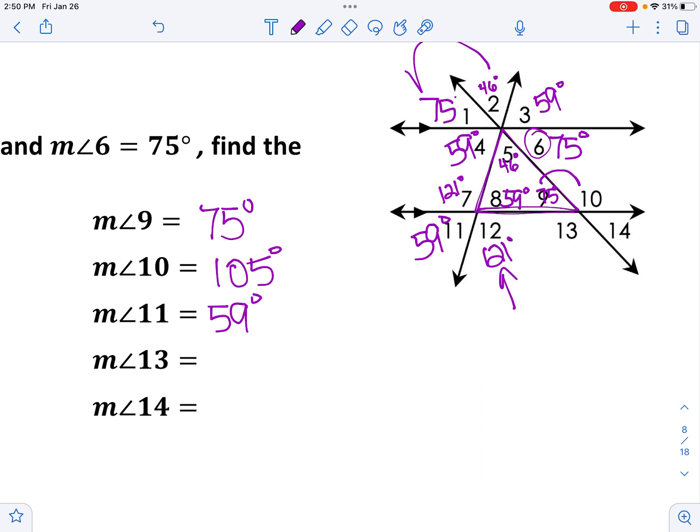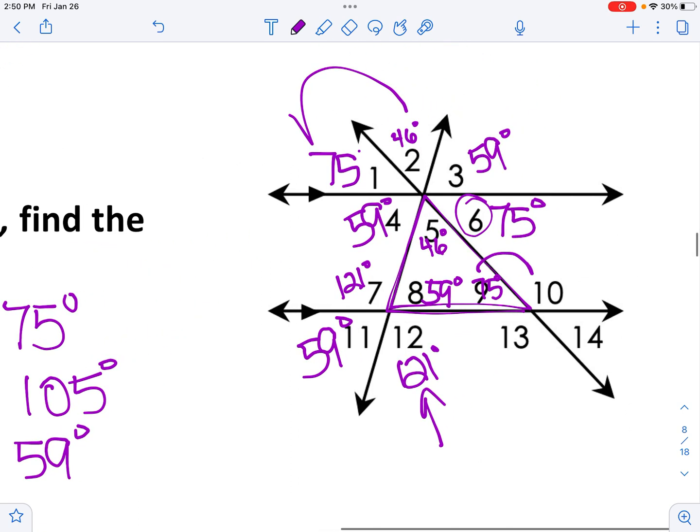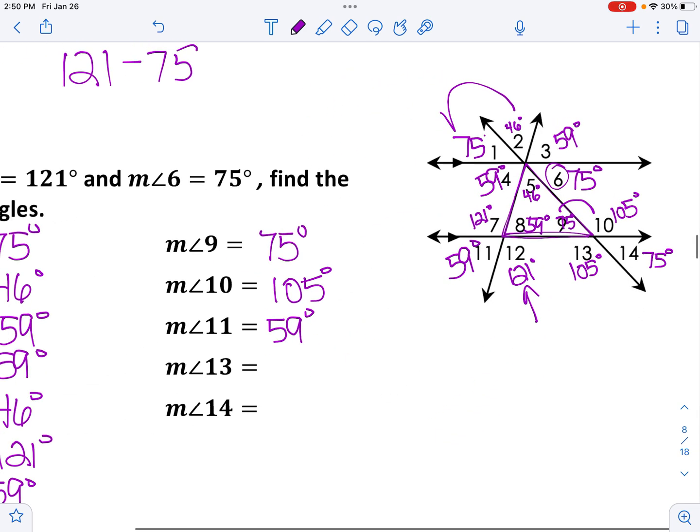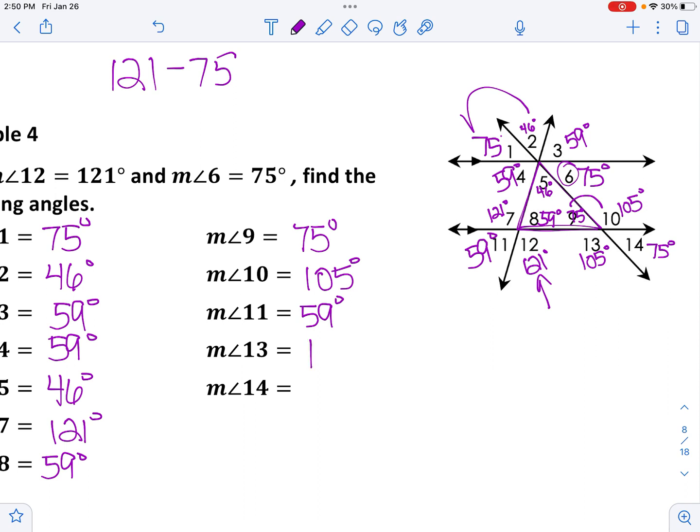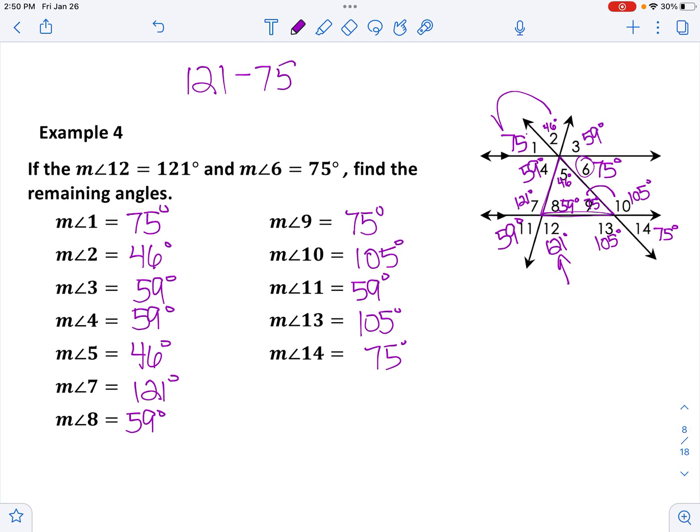If this is 105, then that makes 13 105. 14 and 9 have to be the same, so this is 75. So this is 105 degrees, and 14 is 75 degrees. And we figured them all out.